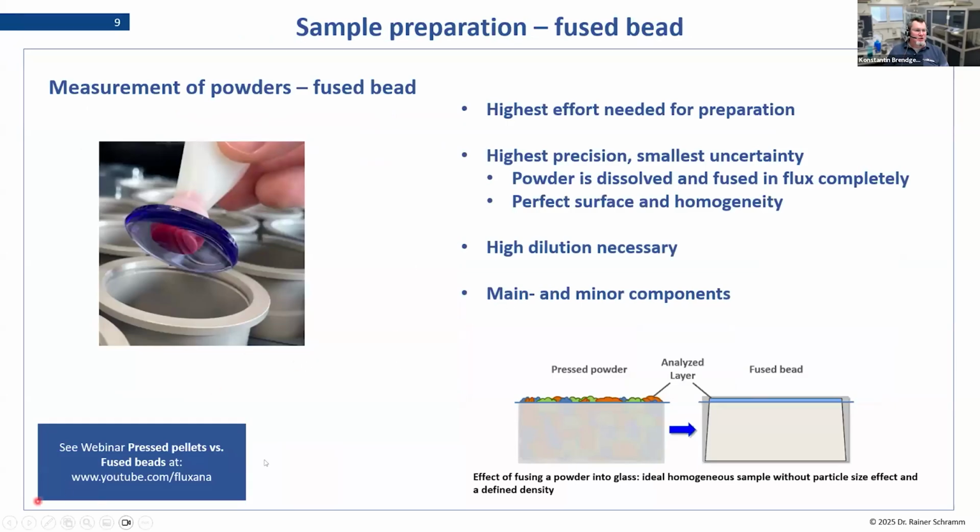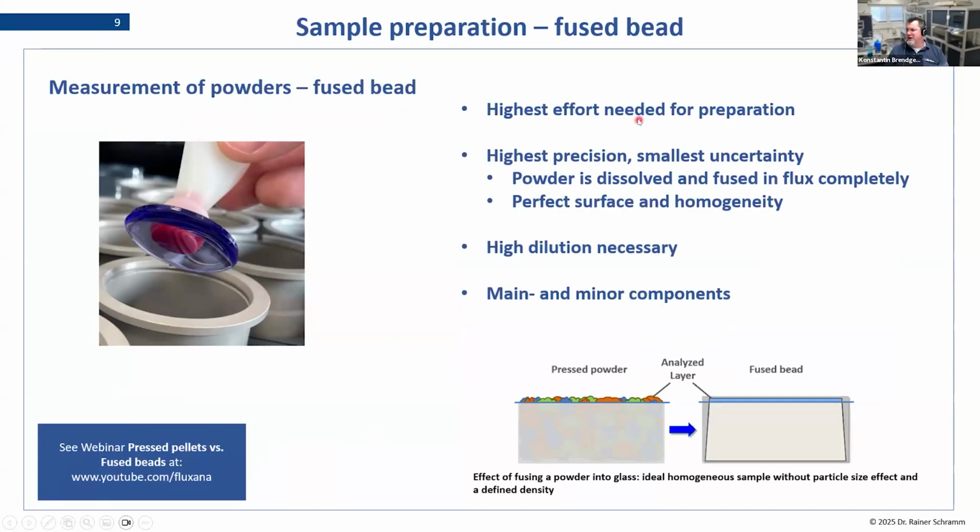Last slide about the comparison, and as I said down here, you can find those on YouTube. There is a comparison between pressed pellets and fused beads. With fused beads you can make a nice disc out of your powder sample by dissolving it in a borate and then casting it into a glass disc, basically. In terms of effort, this is a lot more.